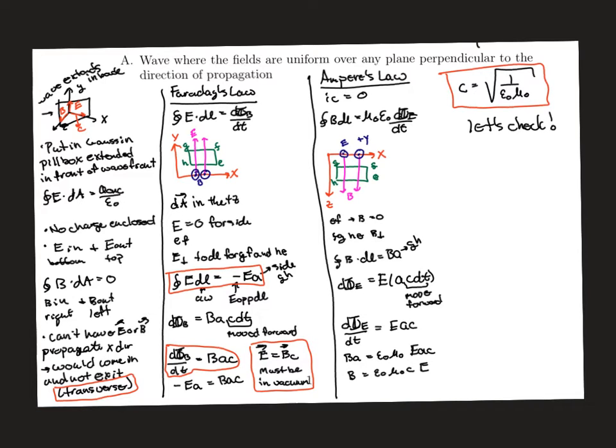So what I've drawn here, and my three-dimensional drawing is never the greatest, but you can see an electric field in the y direction, a magnetic field in the z direction, and the wave is propagating out in the x direction.